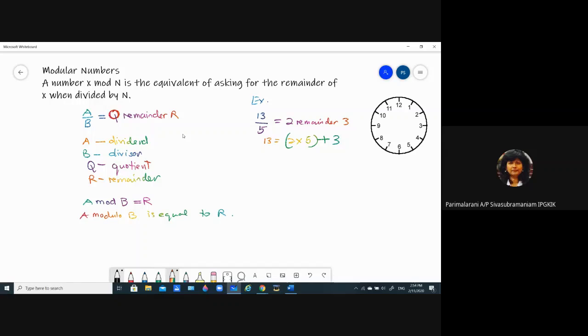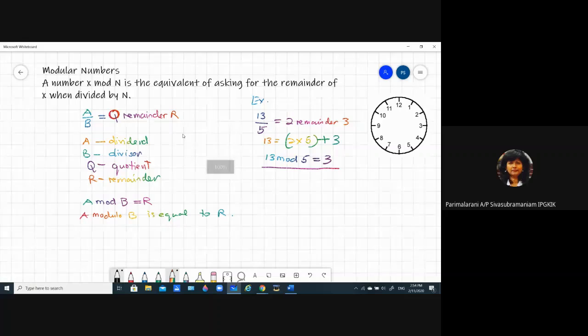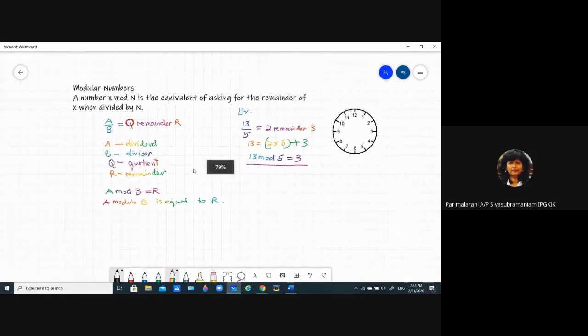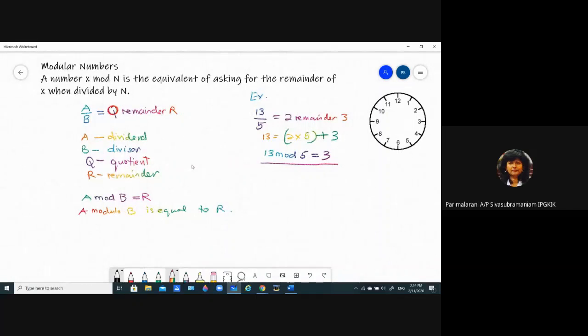But if we only want to look at the remainder, we write it like this: 13 mod 5 is equal to 3. This means 13 divided by 5 gives you a remainder of 3. This 3 is the remainder R. Can you understand that?